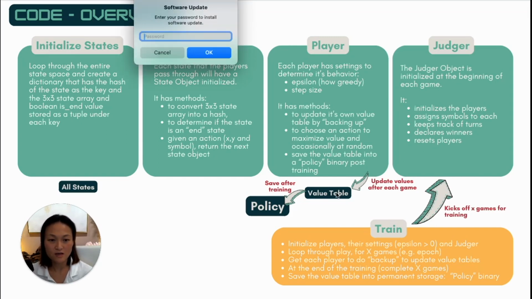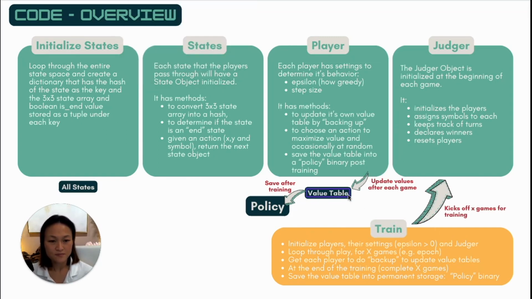So this value table over the 1,000 games will become better and better and more accurate. And at the end of the training, so after you complete the 1,000 games and the value table has become really well populated, it will then save this into a binary file called policy.